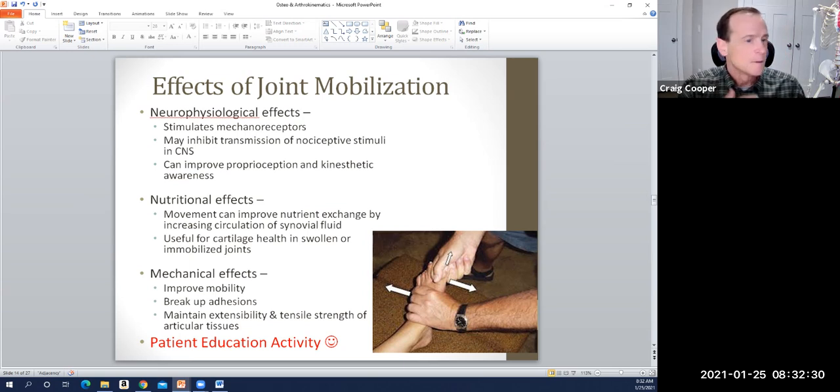We're going to be giving them information, and by giving them information, sometimes that's enough to just confuse the brain to make it feel better when we start moving it. Very similar to what you guys talked about with gate control theory in modalities.